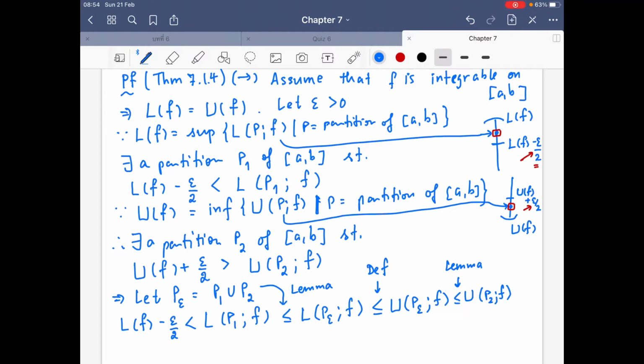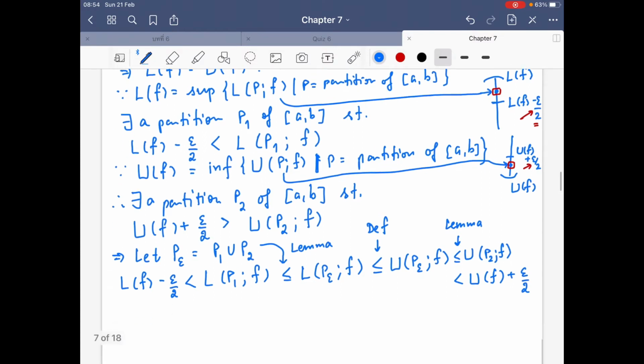And using that relation, the upper sum of P2 will be less than the upper integral plus epsilon over 2.